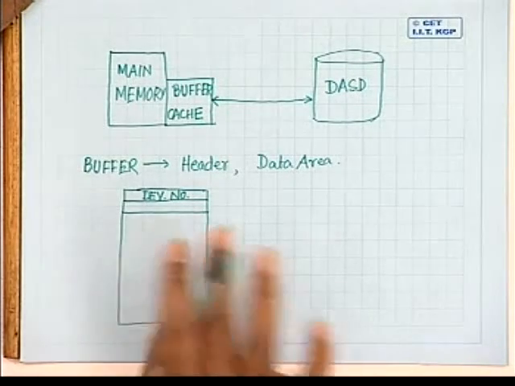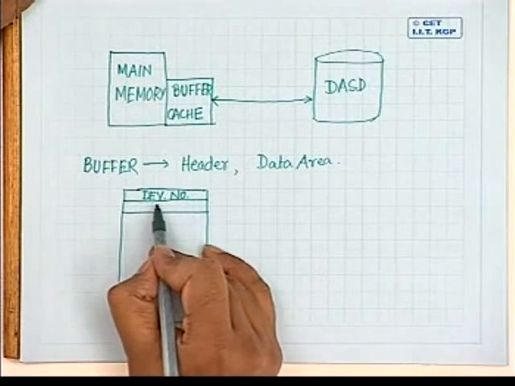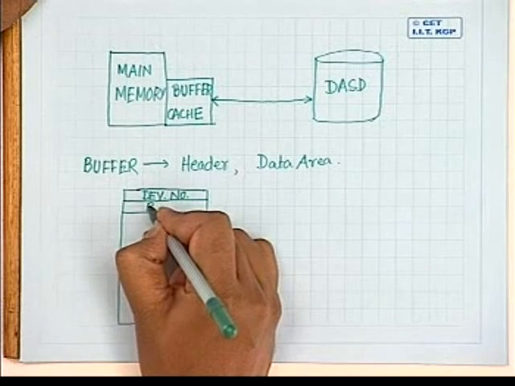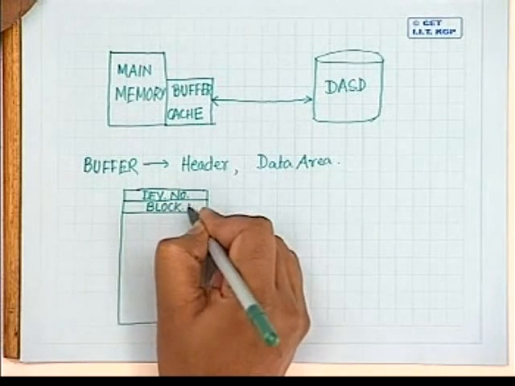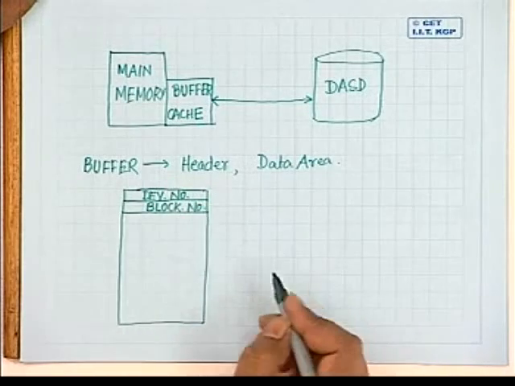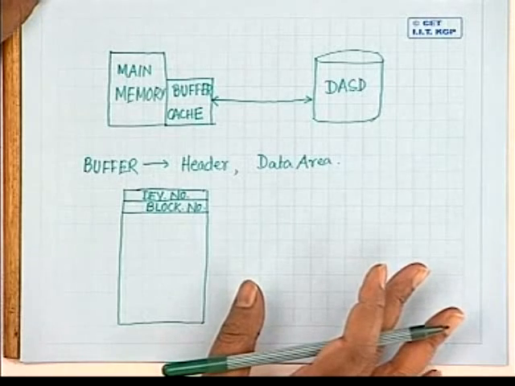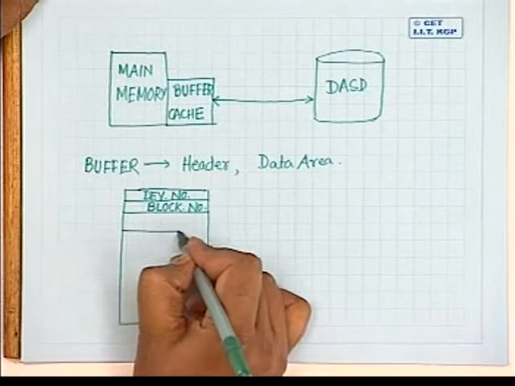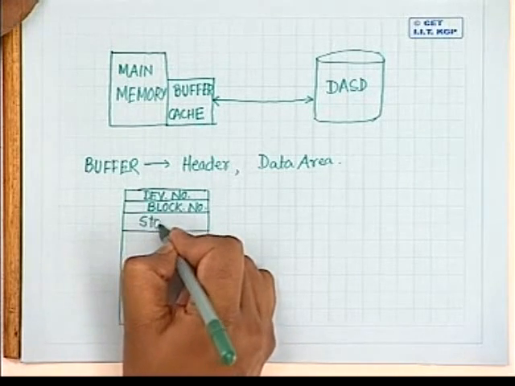On every disk I'll have a number of blocks. So the first identification will be the device number, and the second identification will be the block number on that device. And this block number is nothing but an address in the form of a triplet. Okay. The next field in this header tells you the status of this particular buffer.